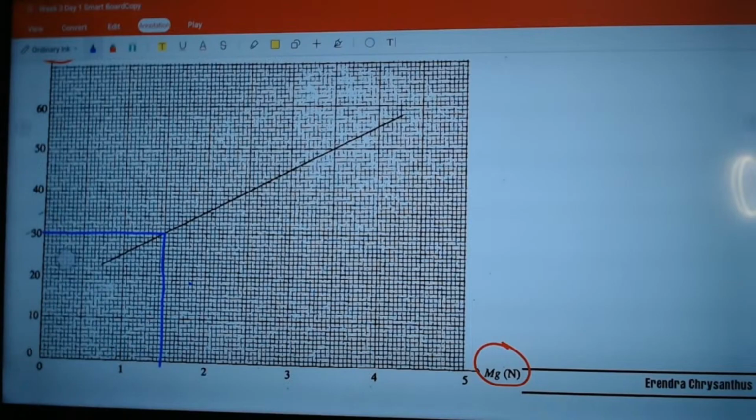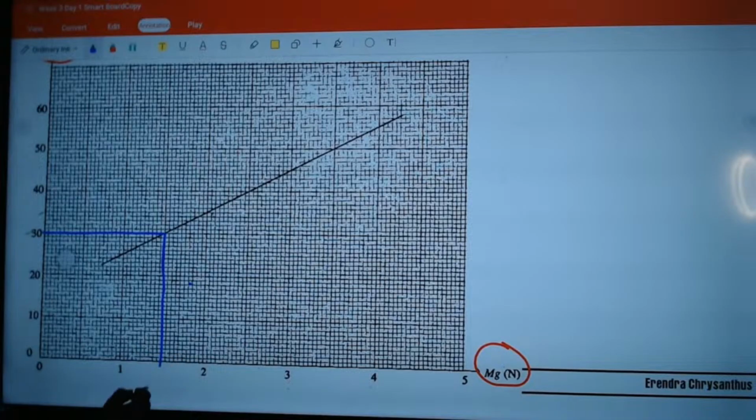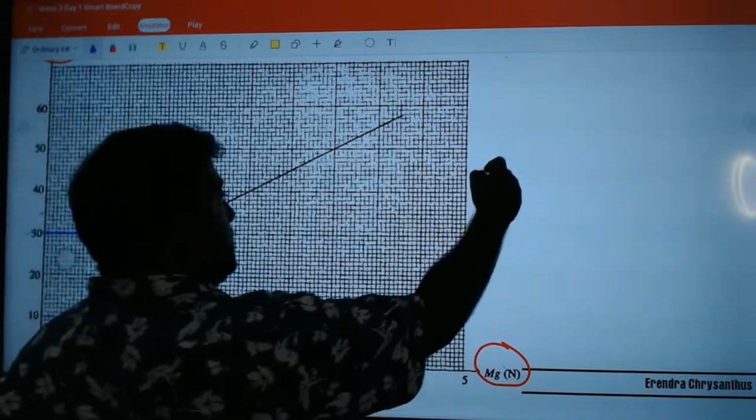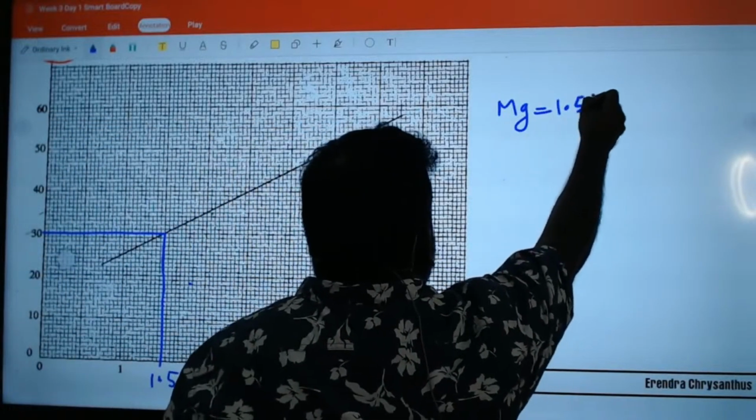What's the weight? 1, 2, 3, 4, 5, 6, 7, 8, 9, 10. So here, 1.5 is there. So mg is 1.5 Newton.